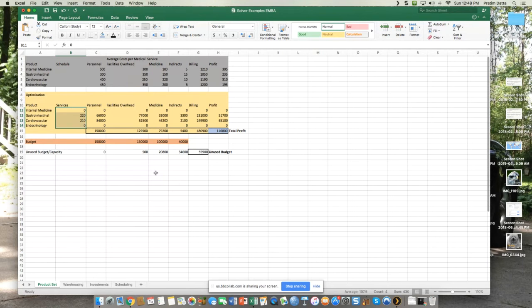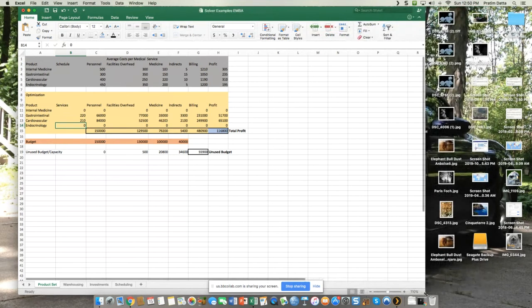It says something very interesting. It's basically saying, given the budget that you have currently decided upon, you basically should be offering 220 gastrointestinal services and 210 cardiovascular services, and no internal medicine and no endocrinology.